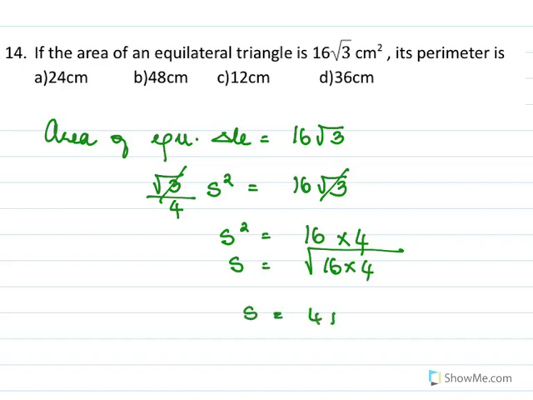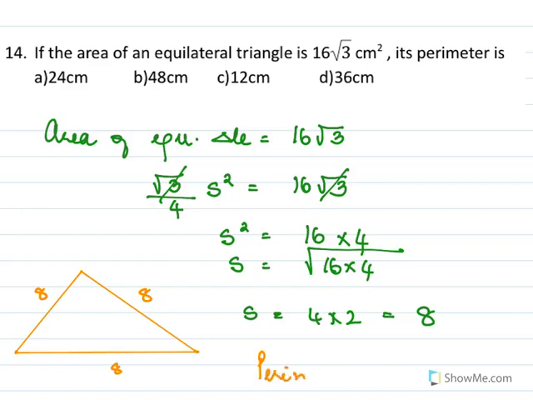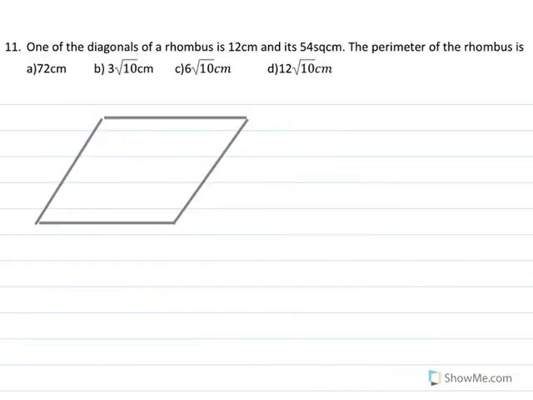So side will be 4 into 2, which is 8. Now here we are drawing an equilateral triangle. All sides are equal, so it is 8, 8, 8. So the perimeter equals 3 into 8, which is 24 centimeters. So the right option is 24.